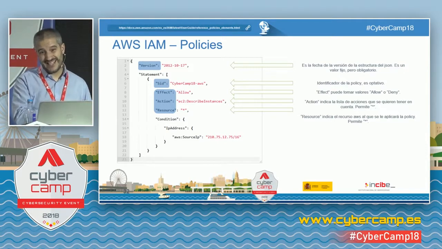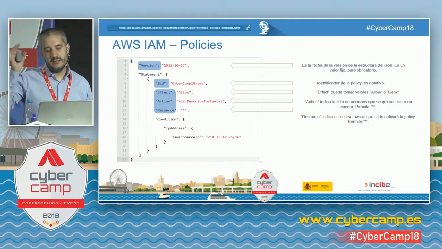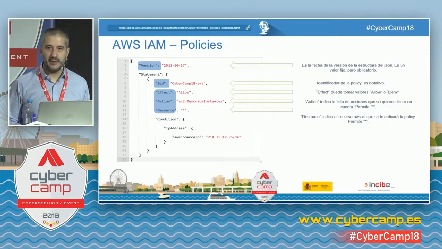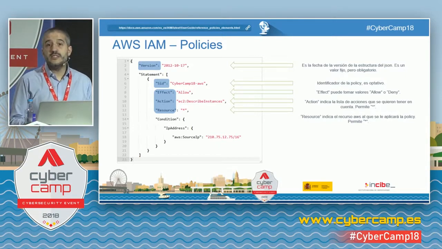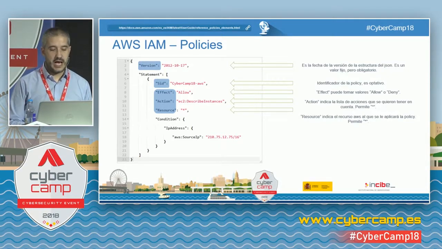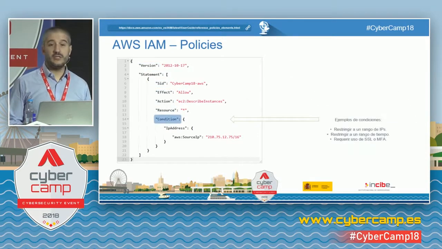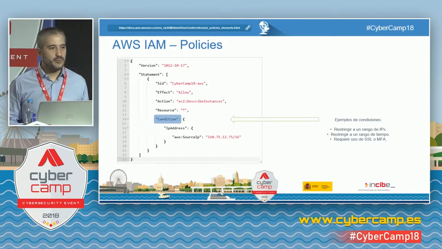Then action, that means what we're going to be allowing or denying for different resources. Here you have many different options for Amazon resources. And then resource means what it is that the action is going to be touching.